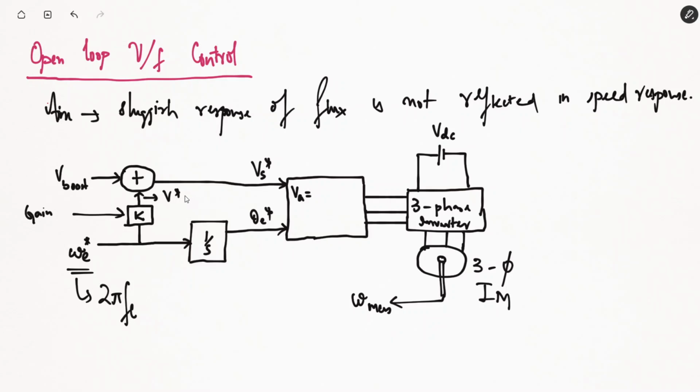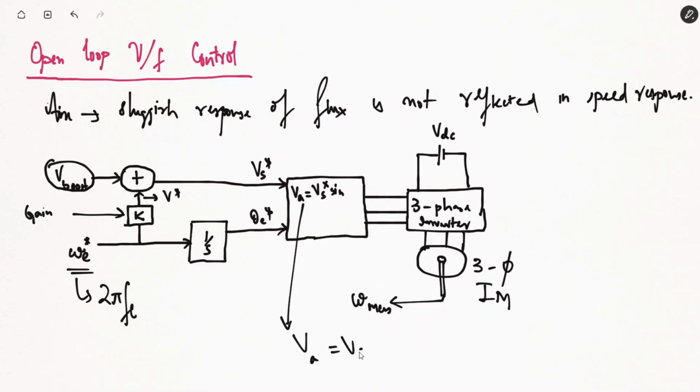Accordingly, there's another voltage, the boost voltage, that's getting added to this V star. What is this boost voltage? I will discuss that shortly. So we have a reference value of Vs and a reference value of theta I. Using these two reference values, we can simply calculate the three-phase voltage. Let me write this outside.